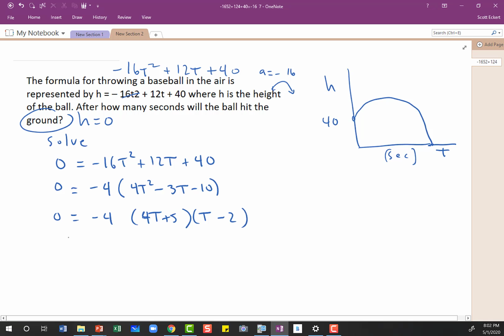And then when we solve, the negative 4 is a constant. No, it's not a player in this, but the t's are going to give us solutions. So we have to solve 0 equals 4t plus 5, or 0 equals t minus 2.